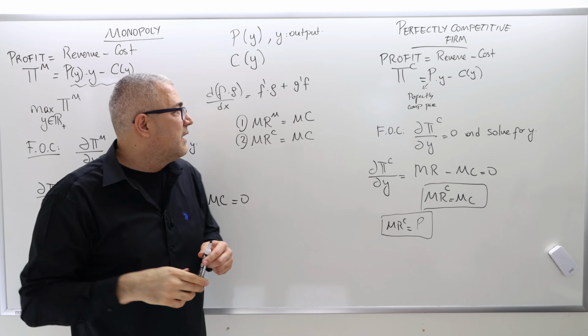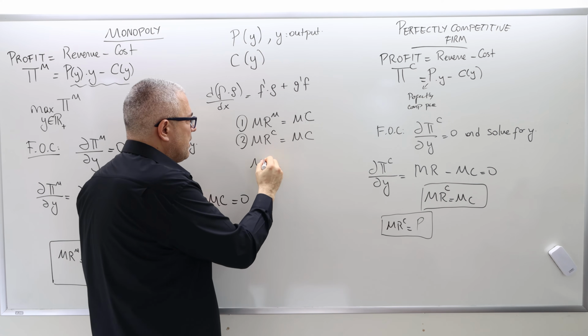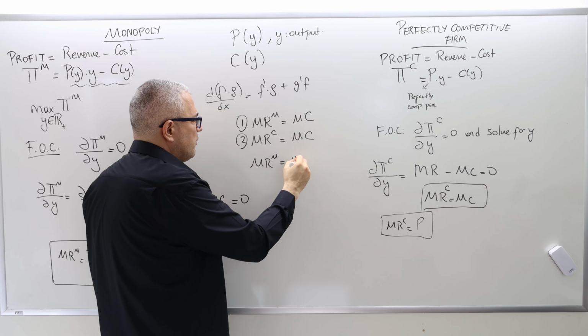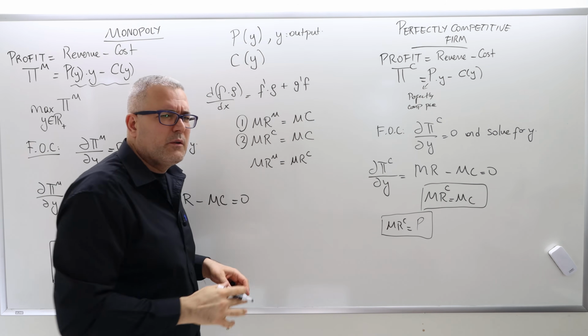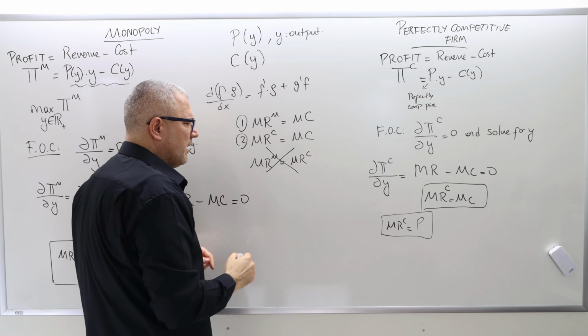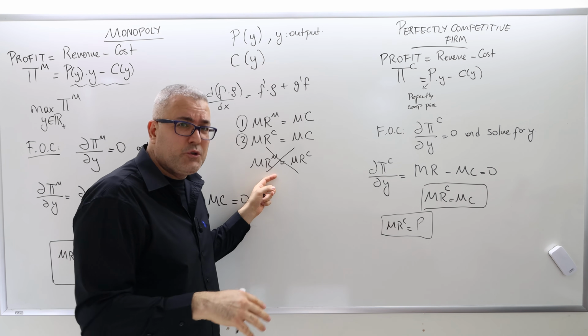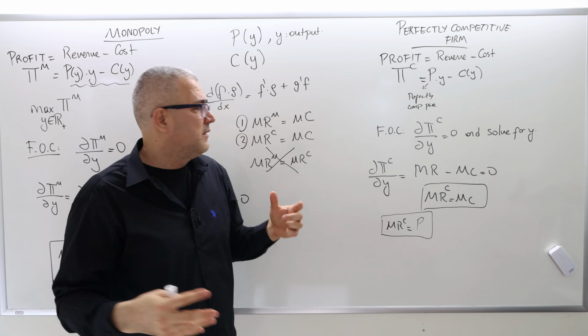But don't forget, this doesn't mean, and that's a huge mistake, that the marginal revenue of the monopolist should be equal to the marginal revenue of a competitive firm. No, there's no such thing, all right?